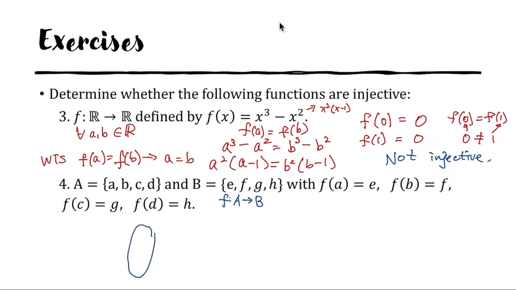If we draw it out, we have A and B. We have a, b, c, d, and then e, f, g, h. f(a) goes to e, f(b) goes to f, f(c) goes to g, f(d) goes to h. Is this an injective function?